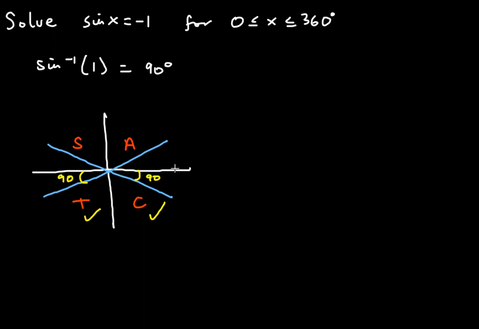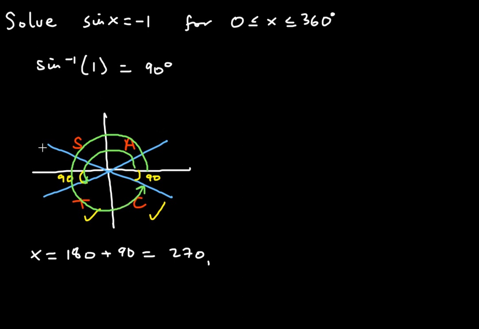And then you measure from the initial line. So this angle would be 180 plus 90. And the second angle would be 360 minus 90.